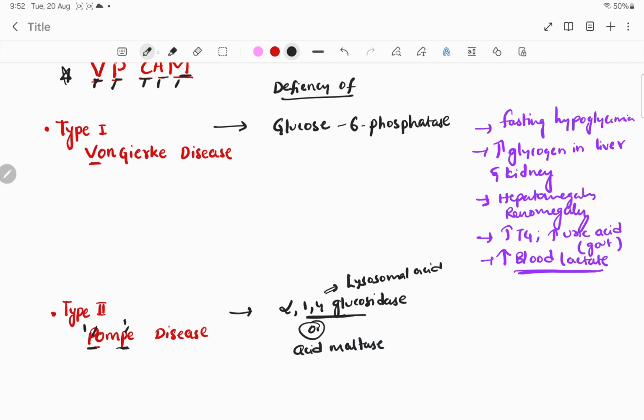How does the patient present in Pompe's disease? Remember pump. What are the pumps we know in our body?